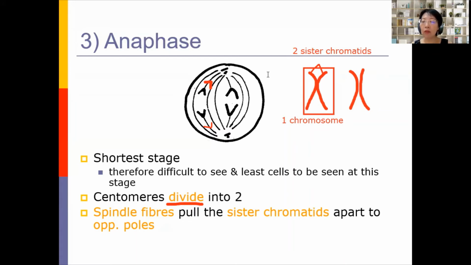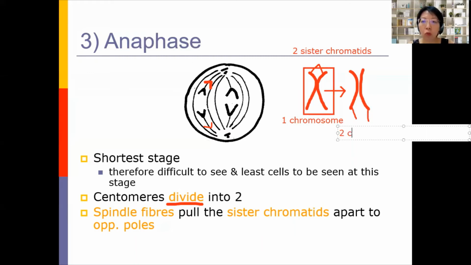So when do we get two chromosomes? The moment the centromere divides into two, you can see that these two sister chromatids are two separate structures. Strictly speaking, when they separate into two separate structures, each of them is considered a chromosome.